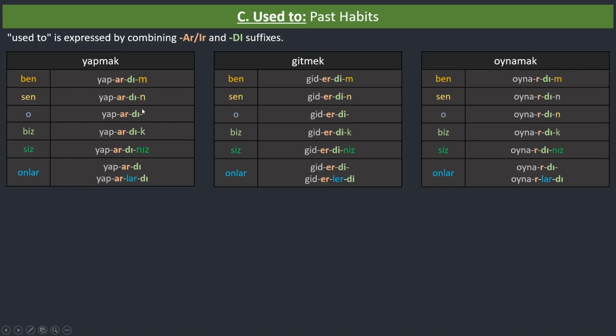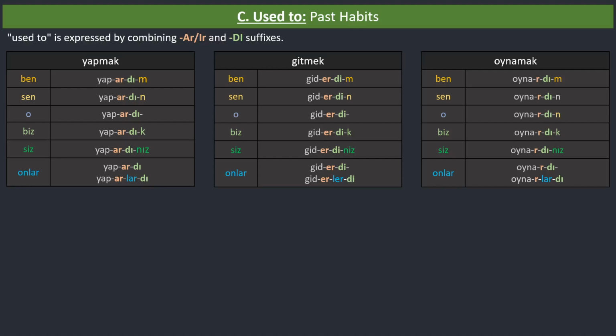You can use the singular one here, or yaparlardı. You should also notice that with onlar, the personal marker comes before the past tense. I don't know why, it's just Turkish.